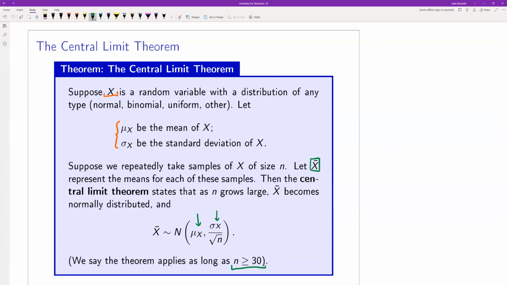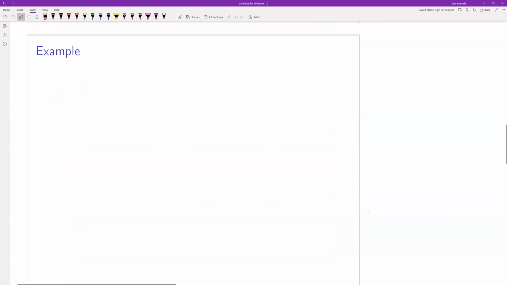Now, there's a lot going on here in this theorem, so let's go ahead and do a visualization of all of the different moving parts and put them together. So, we've got some entire population.